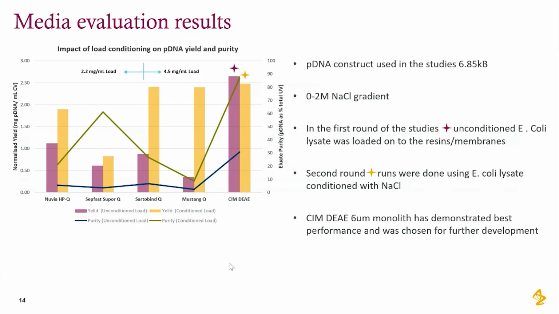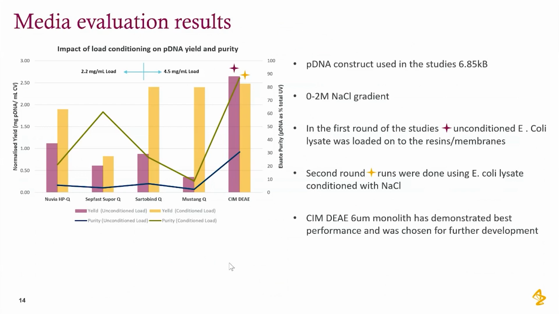Then we did another set of experiments, highlighted in yellow. In those experiments, we did conditioning of the E. coli lysate, where we used sodium chloride, and that significantly improved the binding and improved our yields for almost each media that was tested in the study.